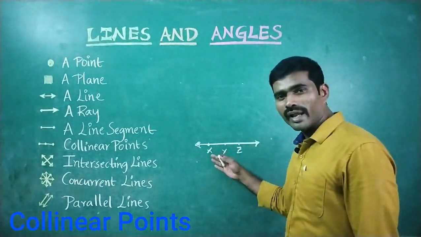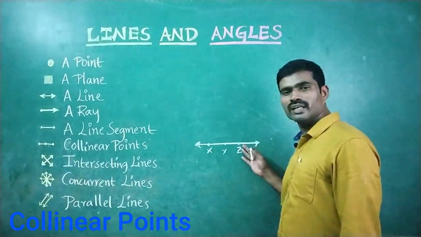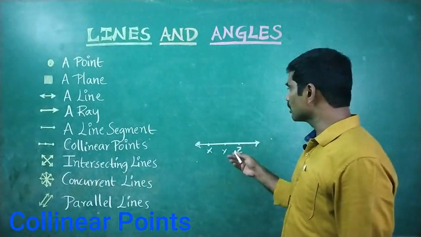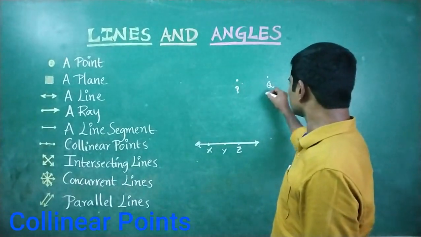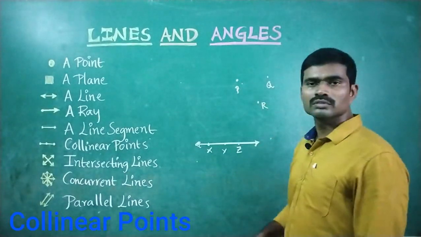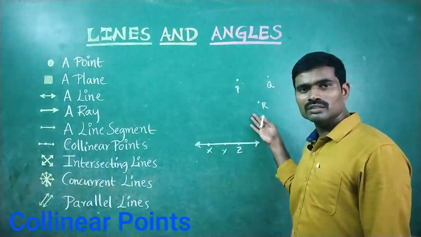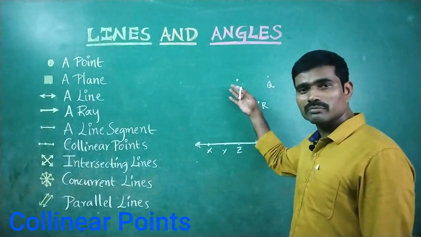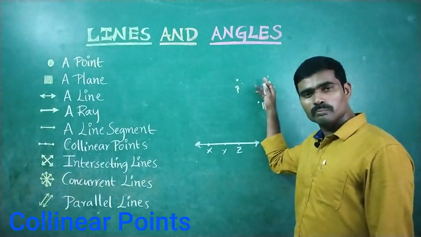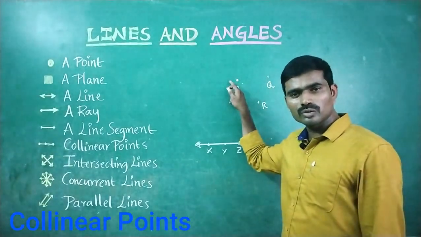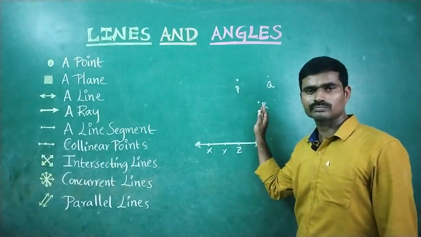So here X, Y and Z are collinear points. Suppose here P, Q and another point do not form a line. So these three points cannot lie on a line. So this type of points are said to be non-collinear points.